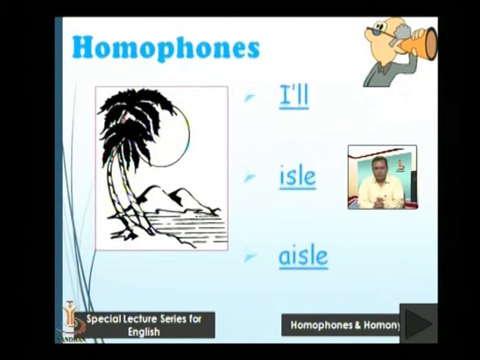Because especially when we are taking down notes, when some dictation is going on, the teacher is dictating notes, and if we do not understand the context in which some word is spoken by the teacher, because of this similarity in pronunciation, the word will be pronounced the same way. But the context is important.